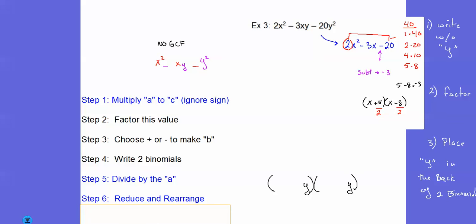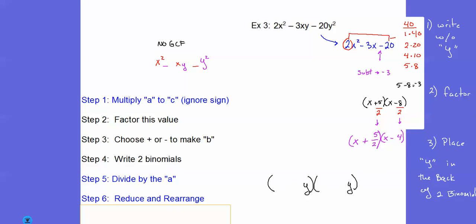We're going to reduce and rearrange. So this fraction, I'm sorry, will not reduce, and I'm going to leave it as 5 over 2 plus the x in the first binomial. Here, this will actually reduce to make the value of 4 in the second binomial factor.